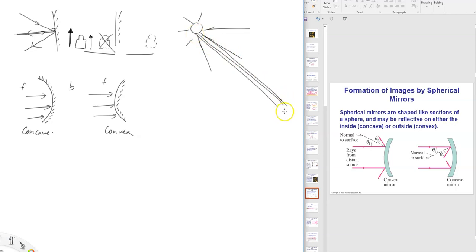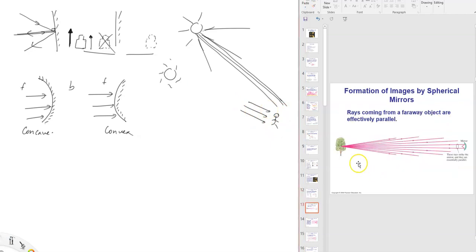Think about the sun, a billion kilometers away from us. Even though it emits in every direction, the light that comes to us on Earth is pretty much parallel. For our purpose, it's parallel enough. Like in this diagram here. So light reflects from this tree, comes to you, it's mostly parallel.